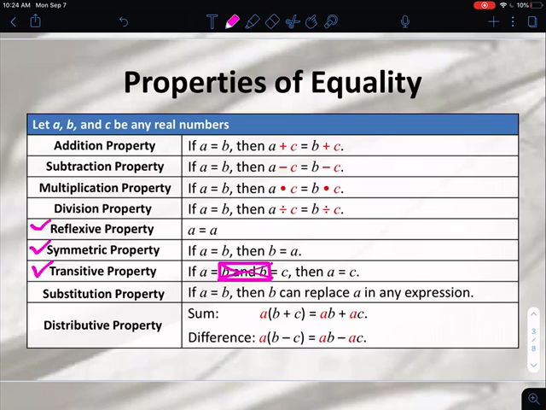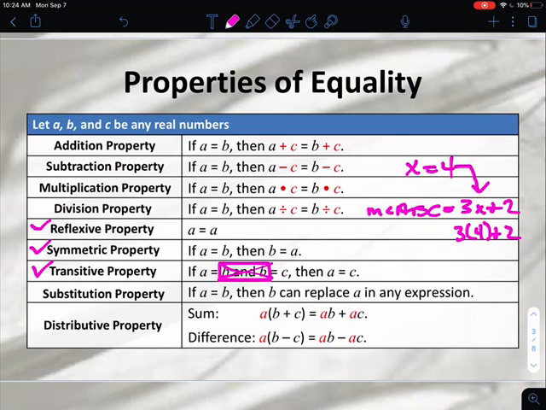It's kind of like following a trail. The substitution property, if A equals B, then B can replace A in any expression. So this is, again, something that you have seen in the past. You might say that the measure of angle ABC is 3x plus 2, and you might know from a previous step that x is equal to 4. Well, by substitution, I can place that 4 in for x.